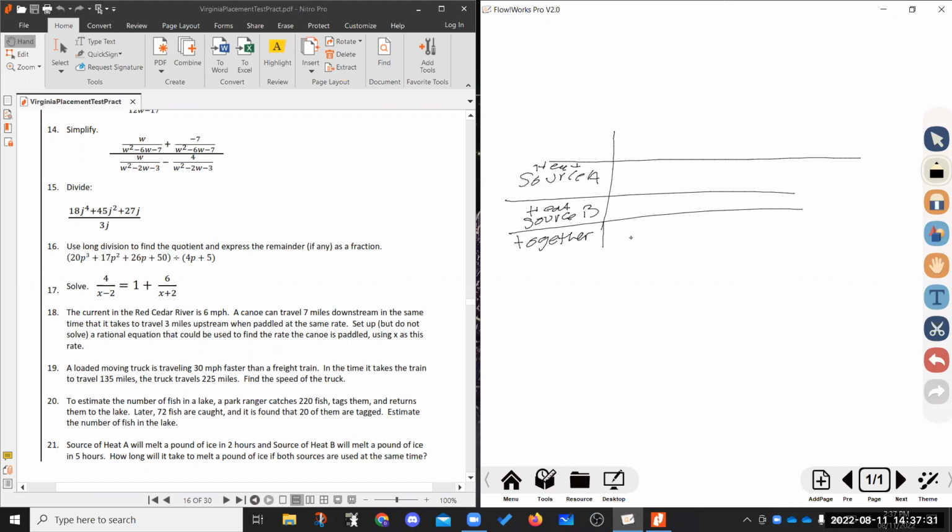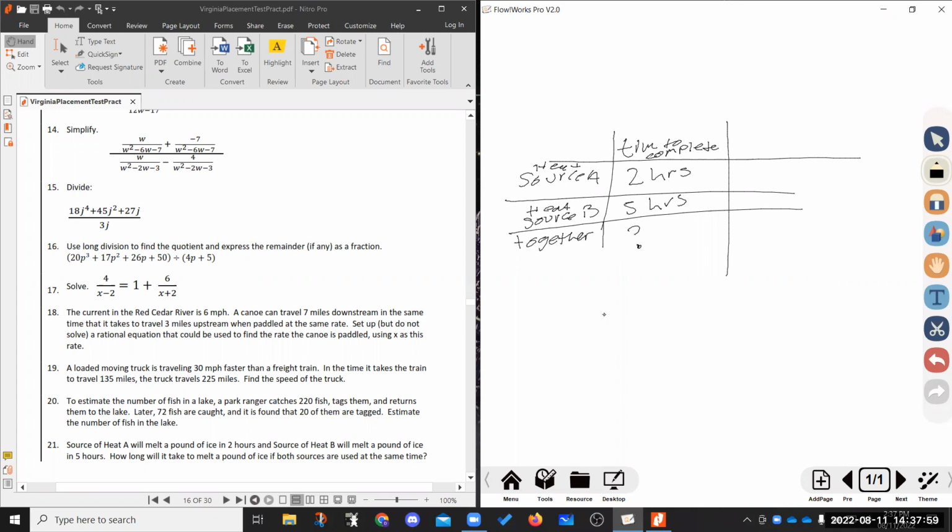So, time to complete the job, which is to melt the ice, alone is going to be, here is 2 hours. This is 5 hours. And this is what I don't know, right?